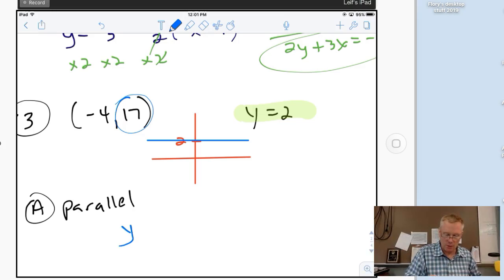So it's going to be y equals something, and the something's going to be 17, which means if I was to graph it, would be way up here somewhere. But that would be parallel, okay? It would be a horizontal line going through 17 on the y-axis.